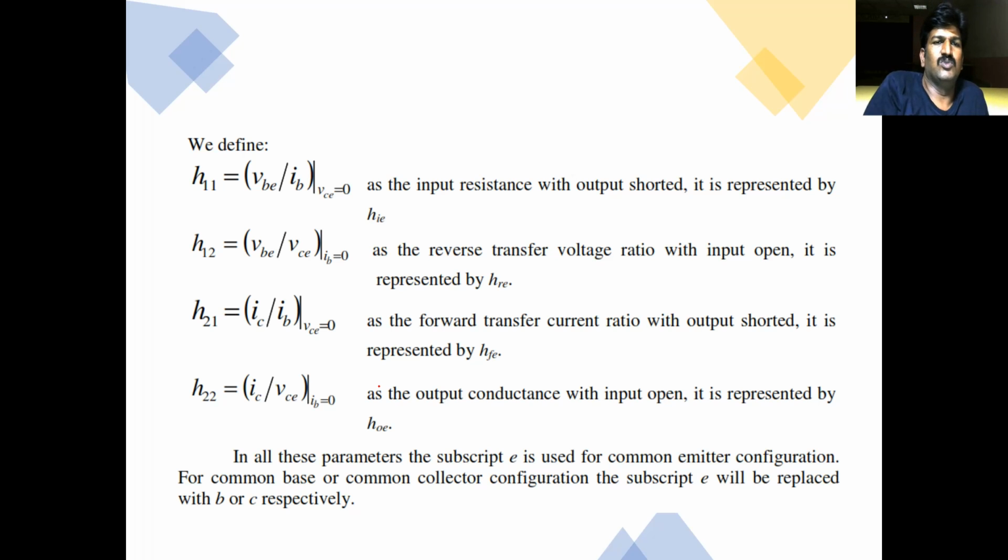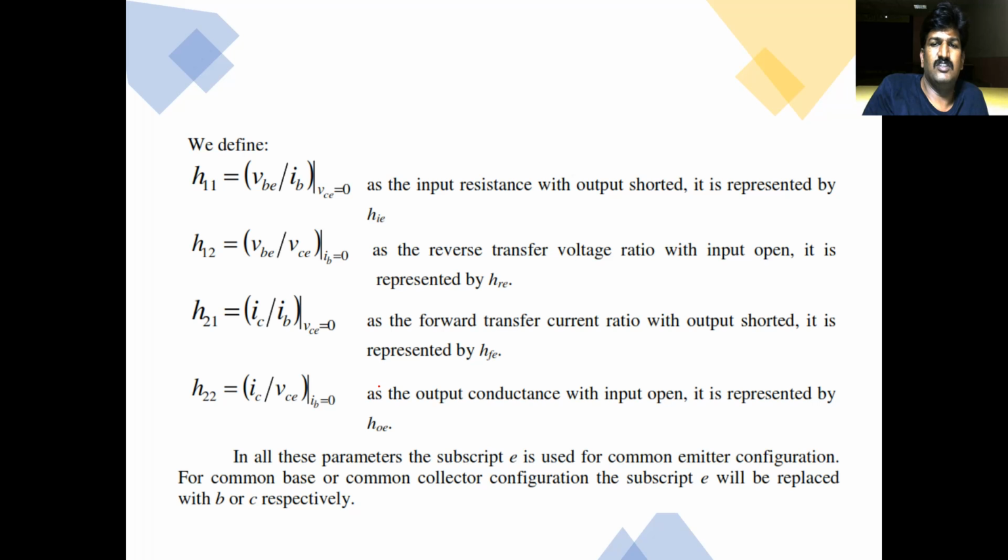Next, H12 is equal to VBE divided by VCE when IB is equal to 0. This is the reverse transfer voltage ratio when the input is open. It is represented by HRE, the reverse transfer voltage ratio. Next, H21 is IC divided by IB where VCE is equal to 0.